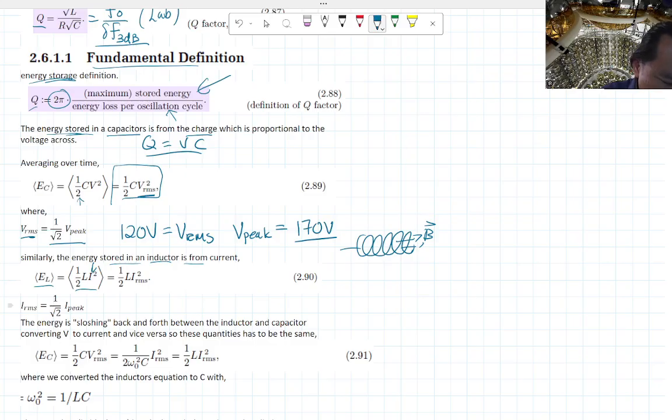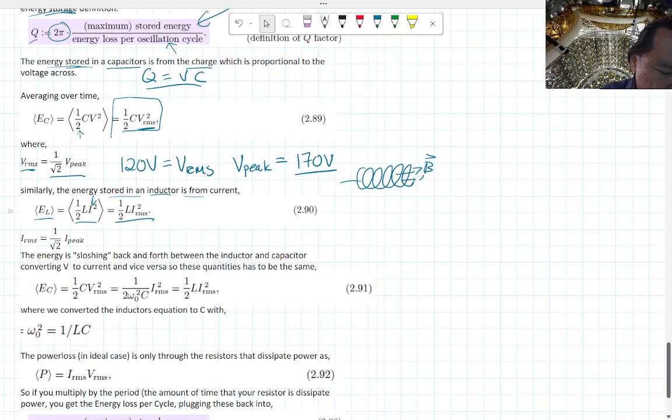We play a similar trick where we define the RMS current to be 1 over square root of 2 of the peak current, and we end up with something very similar to the capacitor: 1/2 the inductance, times the RMS current squared.